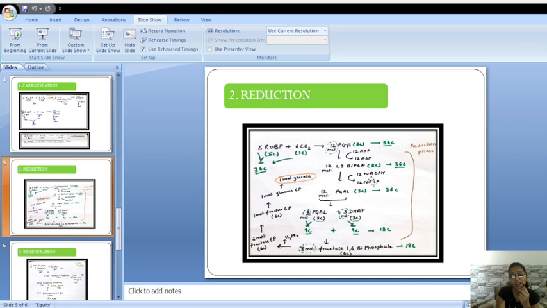Here NADPH is converted into NADP and 1,3 bisPGA is converted into PGAL. These two are very important steps of this Calvin cycle. In both we have used 12 molecules of ATP and 12 molecules of NADPH, right? Now what we have got is 12 molecules of PGAL, right?